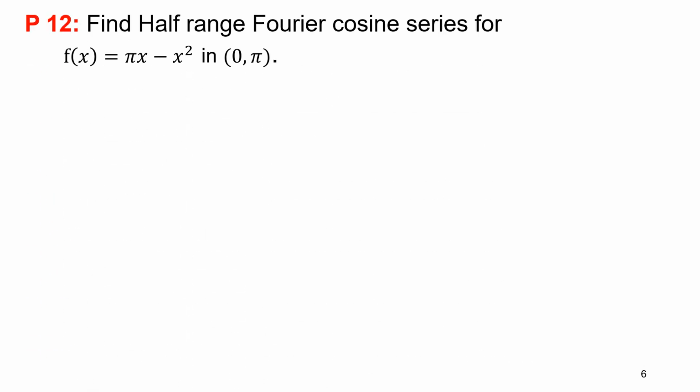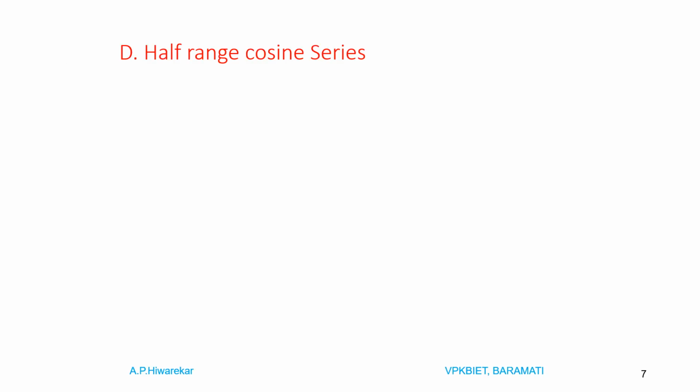Now we will solve a few examples, like: find the half range Fourier cosine series for the function f(x) = pi x minus x square in the interval 0 to pi. To deal with this problem, we will follow the method, that is, first we look at all these formulas.